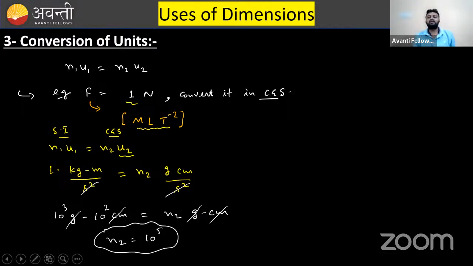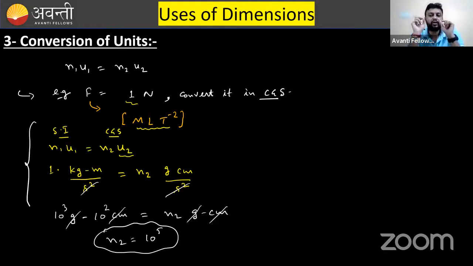So in CGS units, 1 Newton is equal to 10 raised to the power 5 CGS units, which is generally termed as dyne. The CGS unit of force is dyne. But you don't need to remember that result. You need to remember the steps.